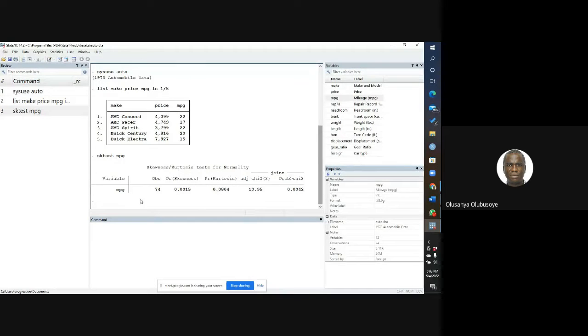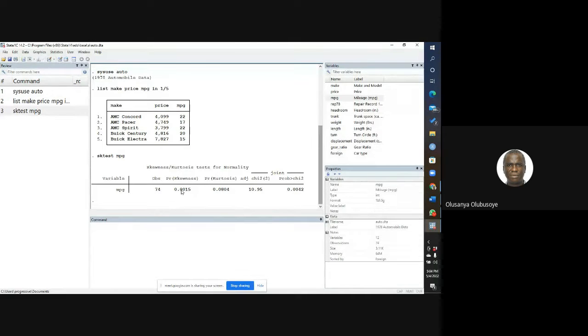The result shows that you have 74 observations. This shows the probability that the test is skewed or is normal.